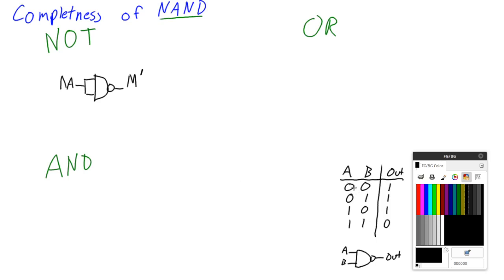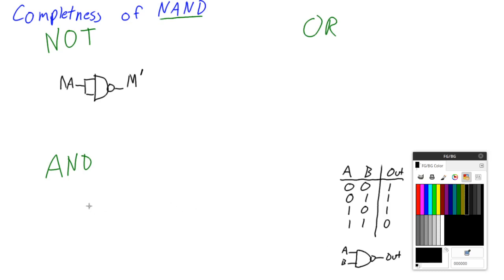Now, for the AND gate, we can think about what a NAND is. A NAND gate is just an AND with a NOT on it. And we know that if we NOT something twice, so we invert it and then invert it again, we end up with the function we originally had.